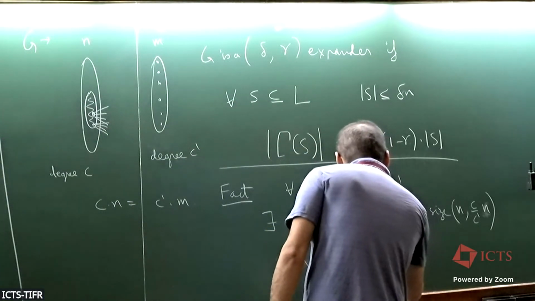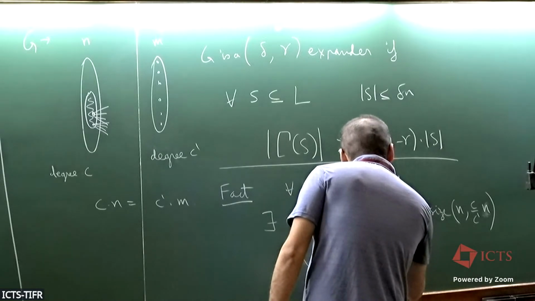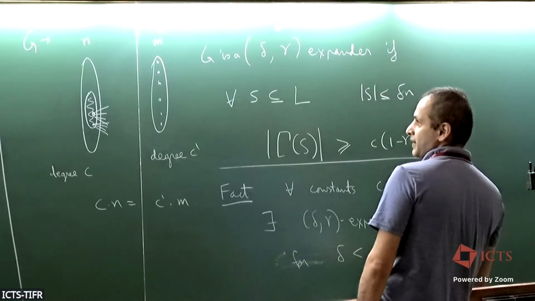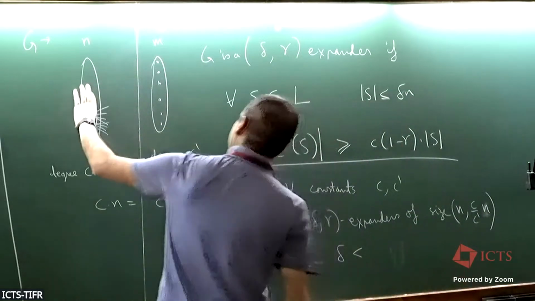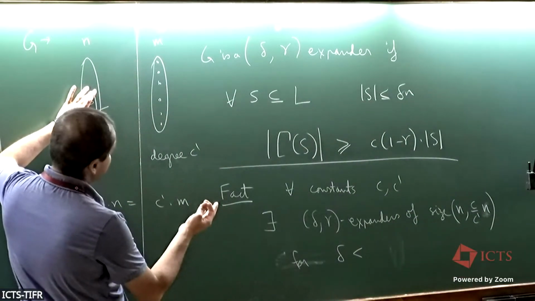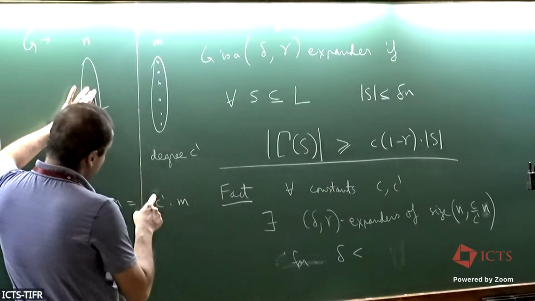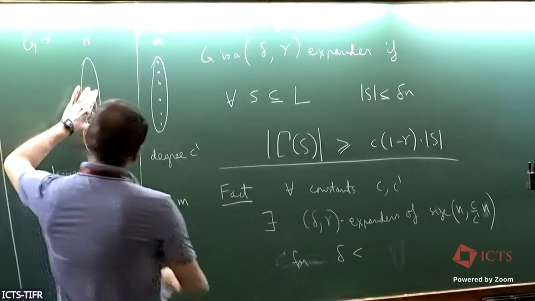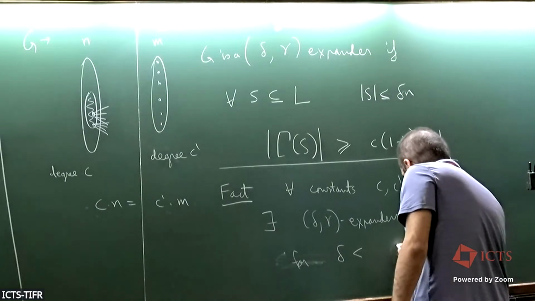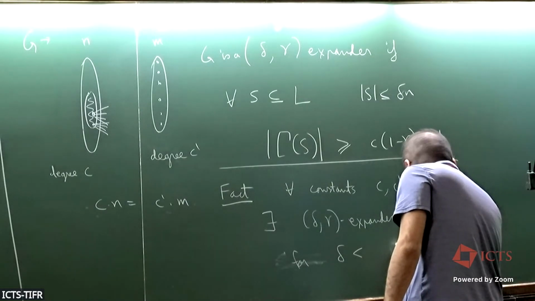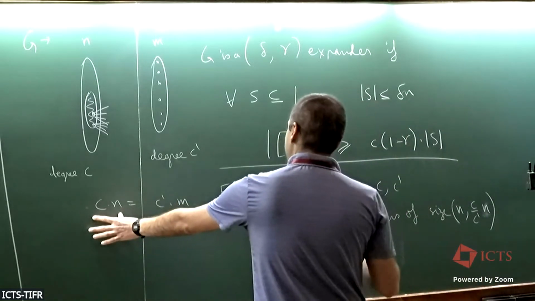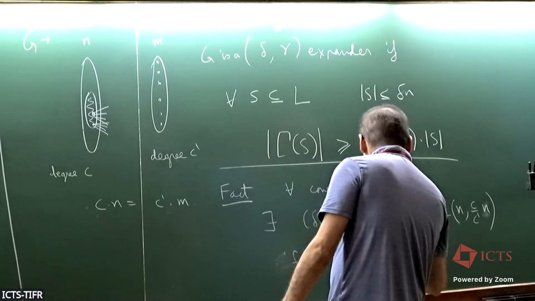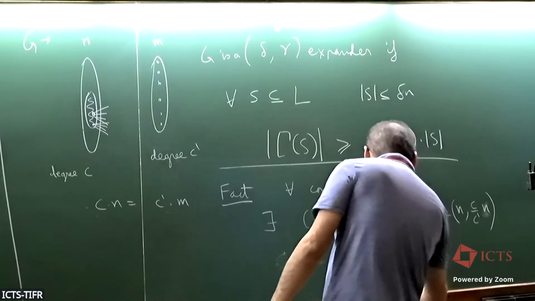So for delta, let's say much less than C. Oh, I need M, whatever this size is, delta n times C should be less than M. Okay, I'll say M over Cn, but it should be much less.